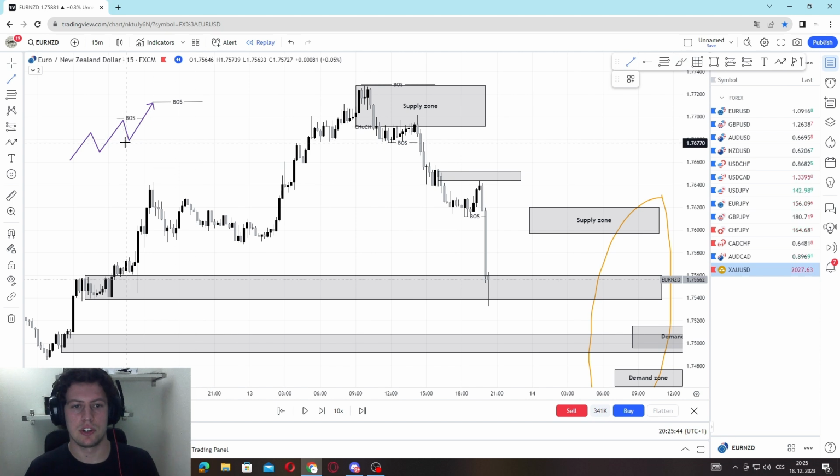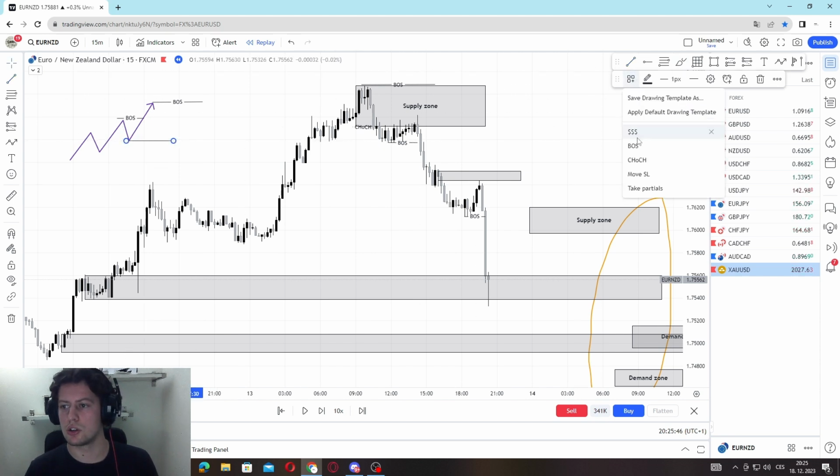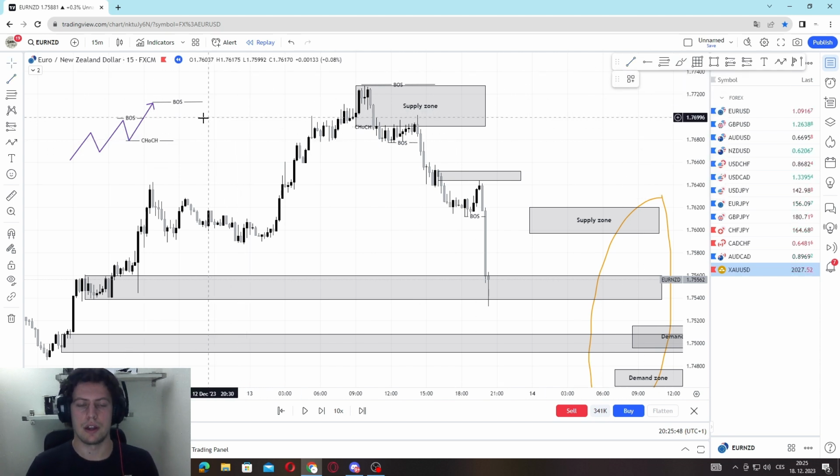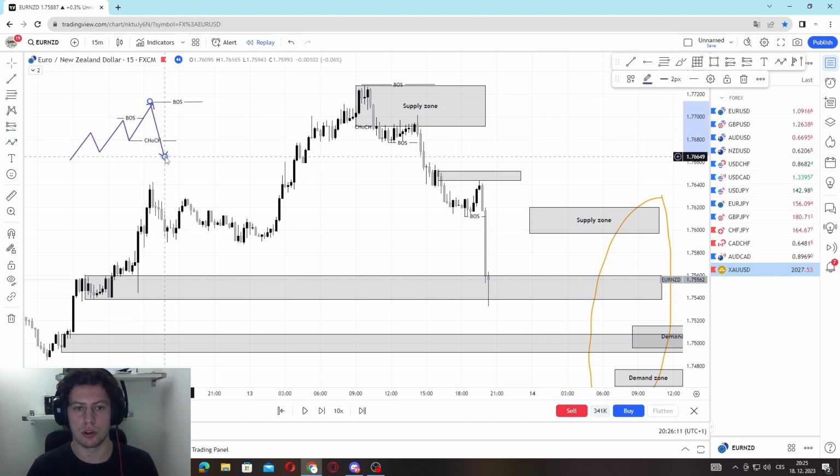If this breaks, we have a change of character, and the change of character will appear when the price makes a valid break of structure and goes below the point.